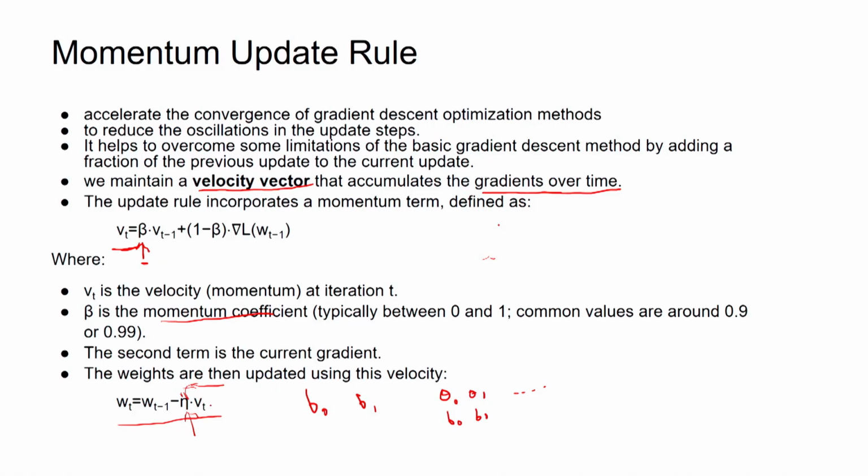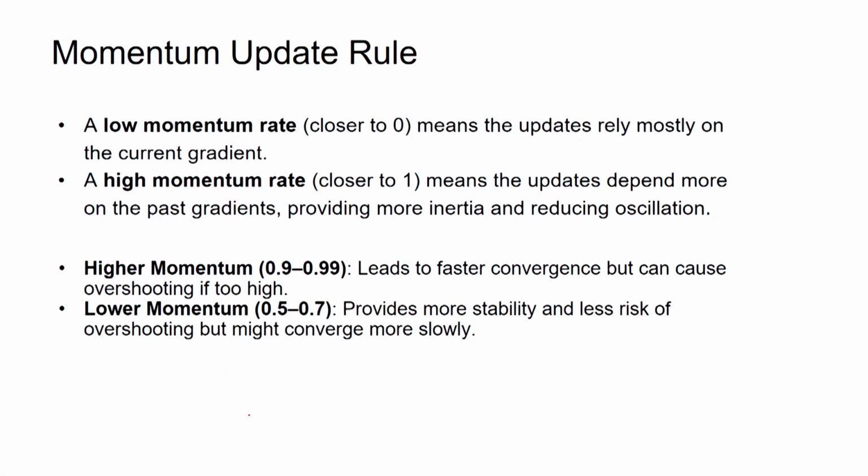Here the gradient is replaced by the velocity, which incorporates gradients over time, and that is why this accelerates the convergence process, so we may very fast get the right values of these model parameters.